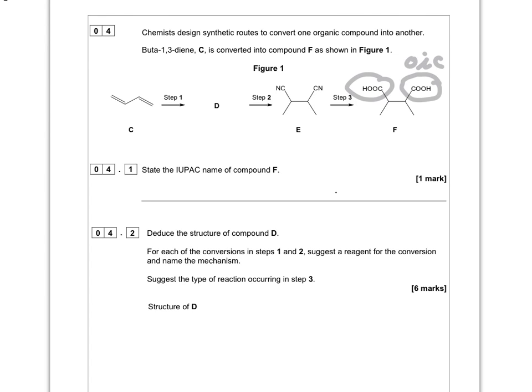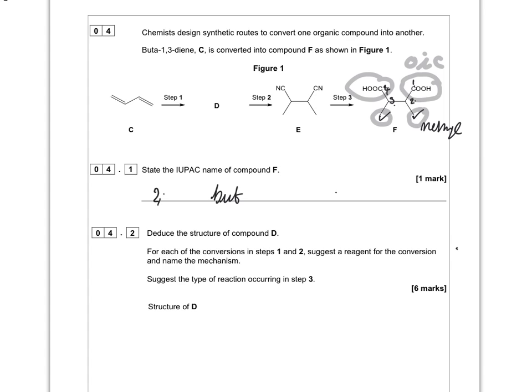Also, we can see there are 2 carbons sticking off the chain here, and if we number the carbon atoms, let's call that carbon 1, 2, 3, 4, we have a methyl group on carbon 2 and a methyl group on carbon 3. The name of the longest chain therefore is 1, 2, 3, 4. It's a but. So the methyl groups are on position 2 and 4. So sorry, on position 2 and 3.